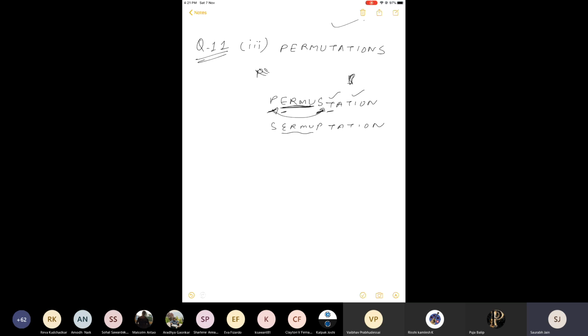Okay, let us do one thing. Let us write this word again. Permutations. Let us write their positions. One means first position. Second, third, fourth, fifth, 6, 7, 8, 9, 10, 11, and 12.